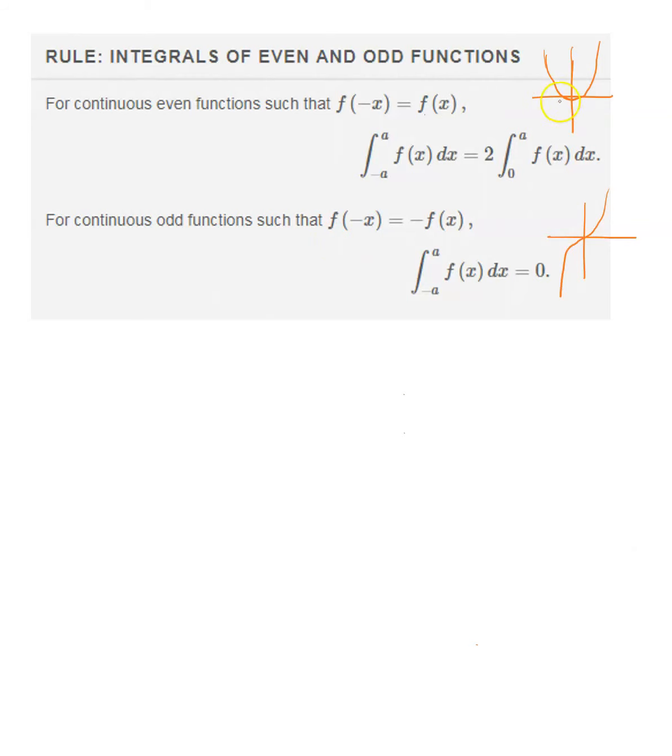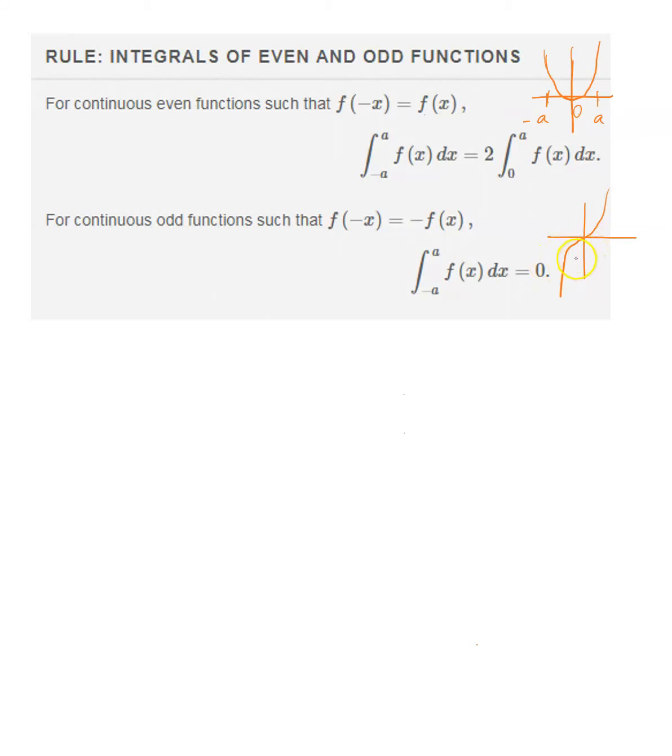So if I'm going from negative a to a, you know that because of symmetry, if you just did 1/2, say you went from negative a to 0, or you went from 0 to a, you can multiply that by 2 to get the total area, and that's what this first rule says.